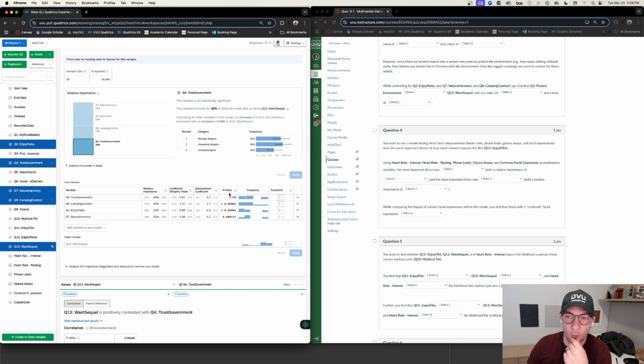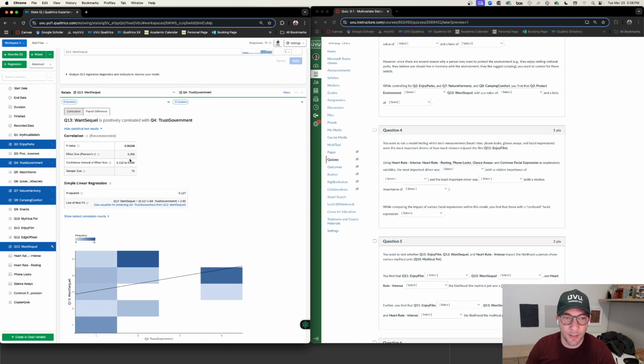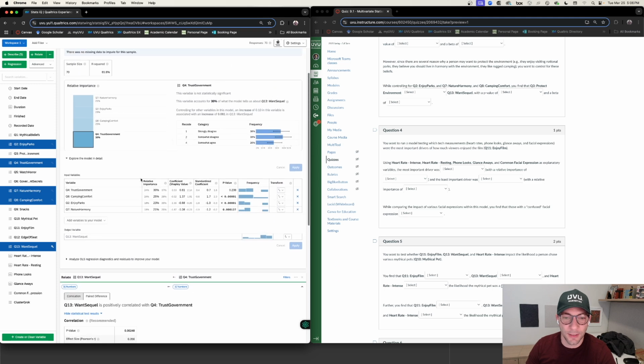Okay, so what I would probably say there, if this was a question, is, okay, what I found here for trust the government, this significant p-value, was actually explained by these. It wasn't necessarily trust the government, but there was something going on with these parks, with how much they enjoyed the park and camping and nature.